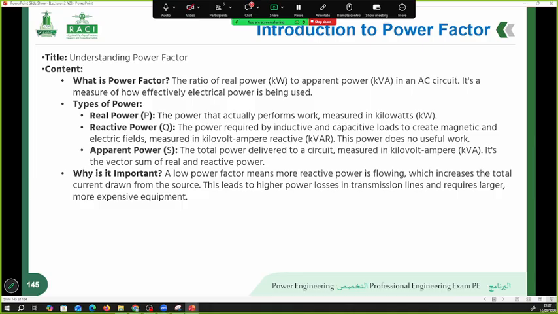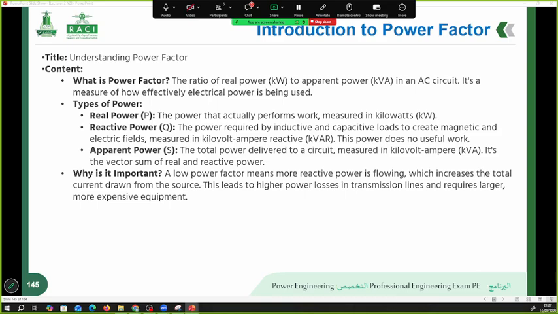What is real power? Real power is measured in kilowatt. This is the useful power that performs the actual work, such as running a motor, lighting a lamp, or heating a sensor, and so on.